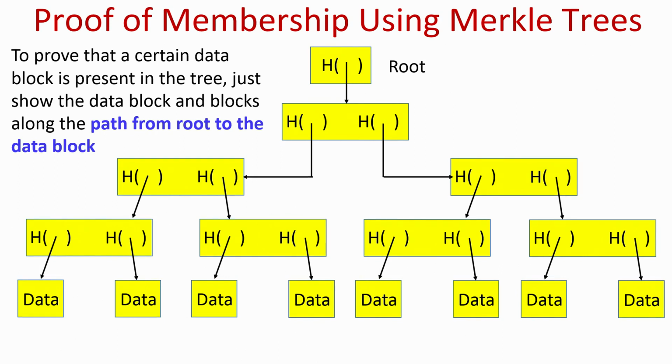If he is giving me back the ith block and wants to prove that the block he is giving to me is the correct ith block, then apart from that ith data block, he can give me all the blocks along the path from the root to the data block. Just by using the blocks along the path from the root to the data block, which I have actually asked for, I can recompute the root pointer or the root hash value and compare it with the root hash value that I have stored with me to verify whether the data block that I have received is correct or not.